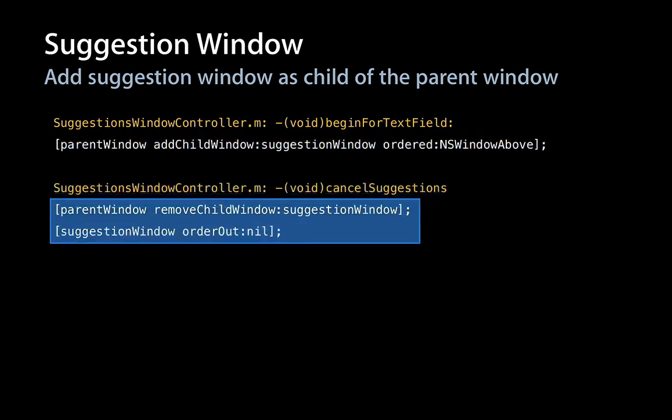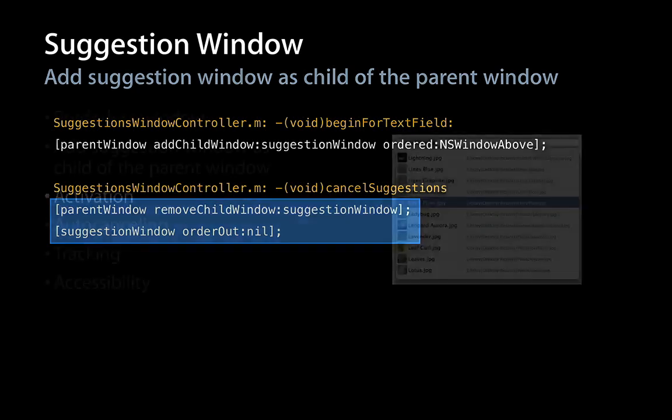Whenever the suggestions window is dismissed, and we do that in our cancel suggestions method inside the SuggestionsWindowController.m in the sample code, the trick is to remove your child window from the parent before ordering out the child window. And our child window here is our suggestions window. If you order out a child window, it will automatically order out its parent window, and that's what was going wrong in that demo. So make sure you remove your parent-child relationship, then order out your child window.